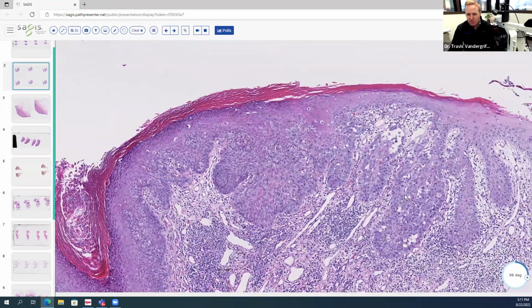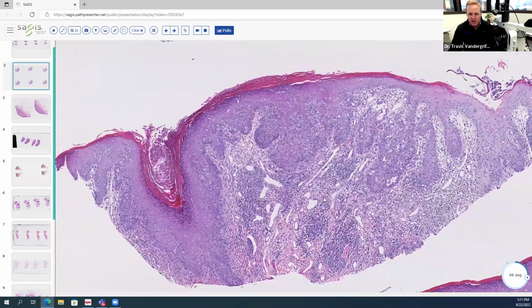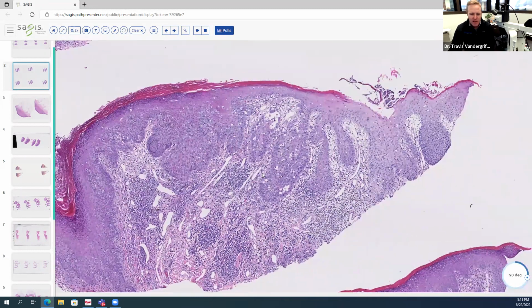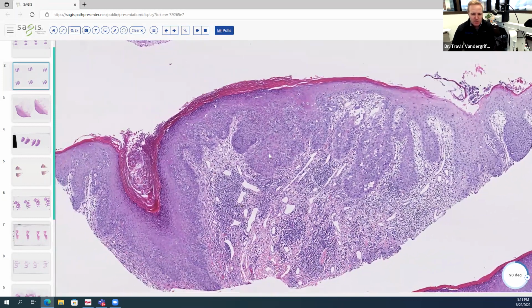This is an example of extramammary Paget's disease. You'd have to get some clinical information to know that it's not from the nipple, but that it's from the anogenital area. Hence, we would call it extramammary Paget's disease. And this diagnosis requires a little bit of a clinical workup once it's made, because extramammary Paget's disease can be associated with an underlying adenocarcinoma of the pelvis, like the prostate or the colon or the bladder.